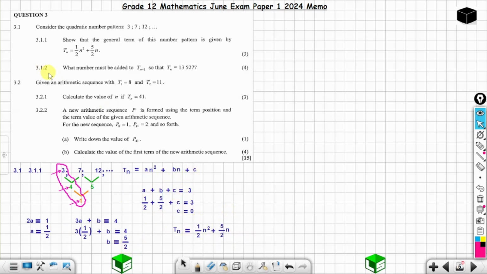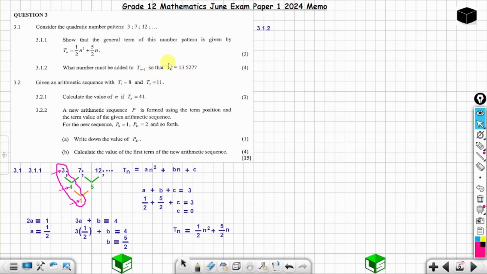Question 3.1.2. What number must be added to Tn minus 1 so that Tn is equal to 13,527? Can you see this is Tn minus 1, which is the previous term, and Tn is the next term.